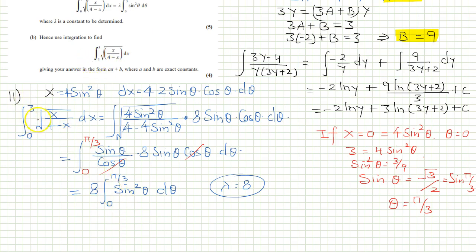So if we use this, the integration means 8 times the integral from 0 to pi over 3 of 1, minus the integral from 0 to pi over 3 of cos 2 theta, over 2.